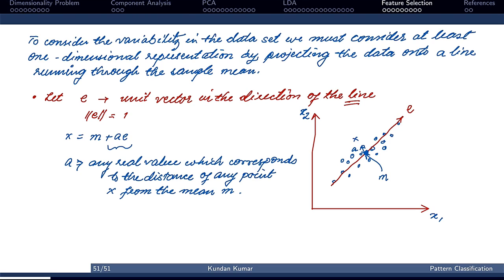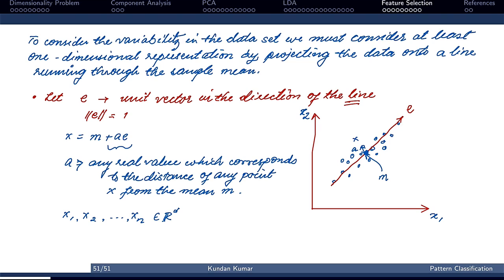Now this is for only one sample. We can have n number of samples, x1, x2, up to xn, and these are from the d-dimensional feature space.